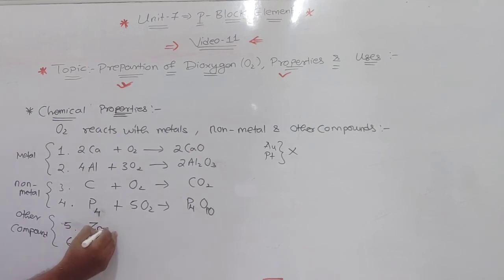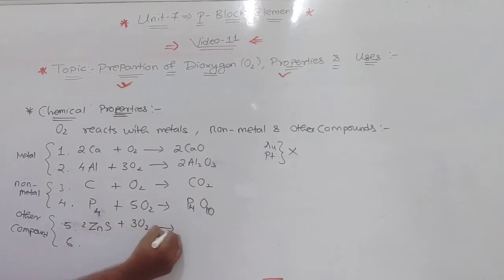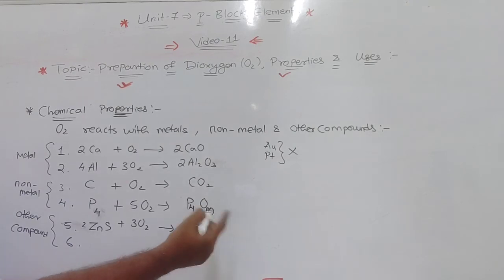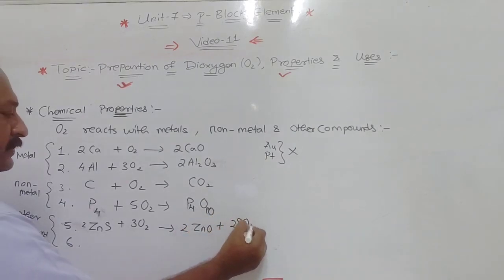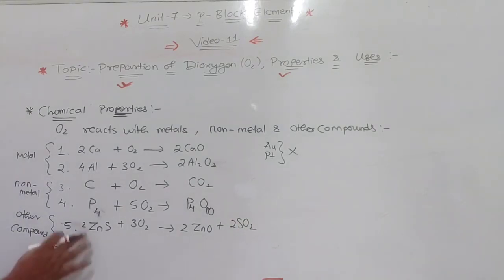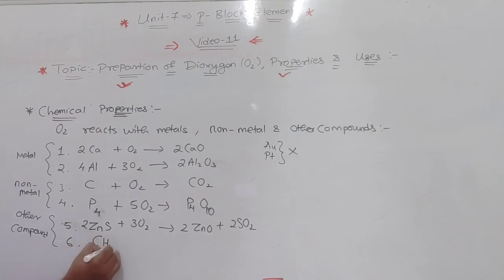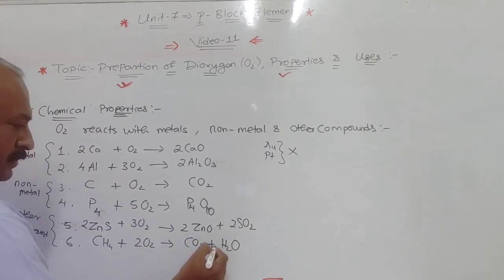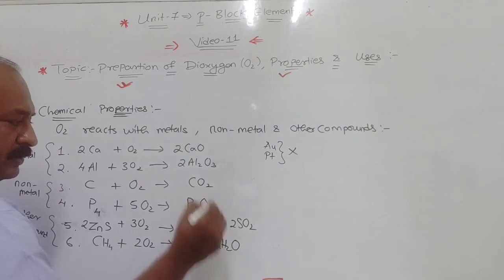When zinc sulfide reacts with oxygen, it will give you zinc oxide plus 2SO2. Another reaction given is a simple combustion reaction that we have studied in lower classes. That is methane in presence of oxygen will give carbon dioxide plus water, CO2 plus 2H2O.